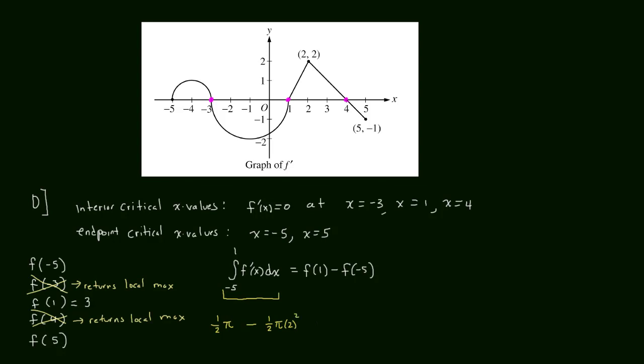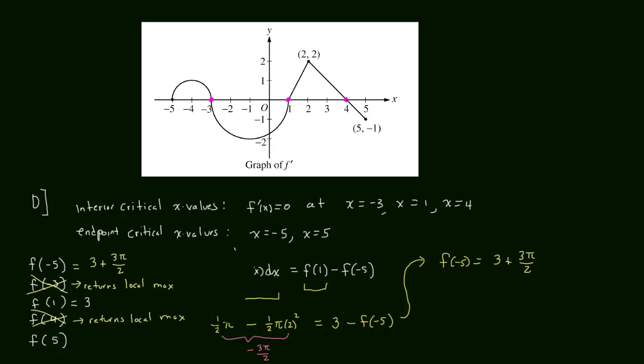Now f of 1, we know that answer, that was given as 3, minus f of -5. And then I use some good old algebra to compute f of -5. F of -5 is going to be 3 plus 3 pi over 2. That's what this expression simplified to be negative, but I brought it over to the right-hand side.